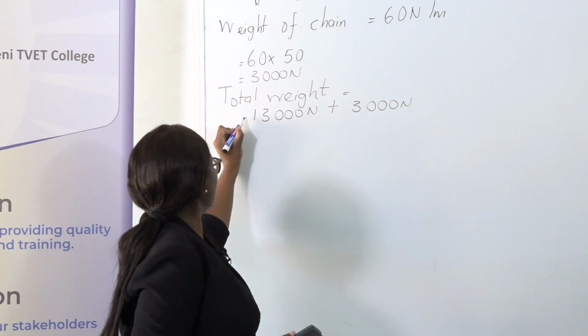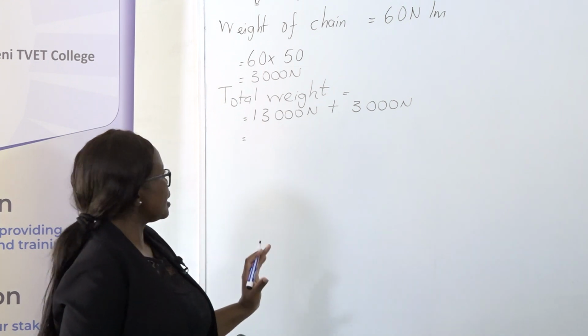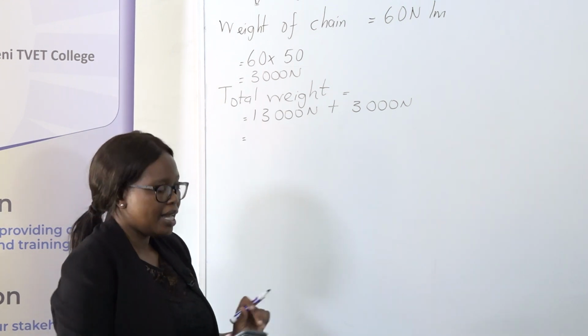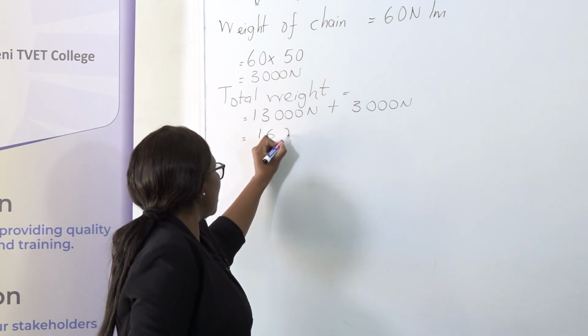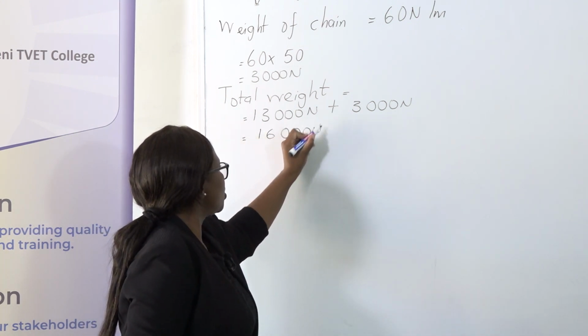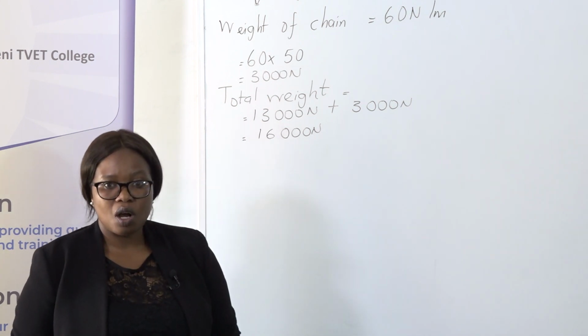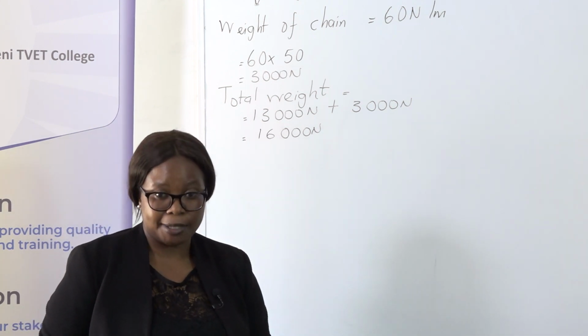So what is our total weight here? Let's calculate it: 13,000 plus 3,000, then we get 16,000 newtons. This is our total weight for the machine.